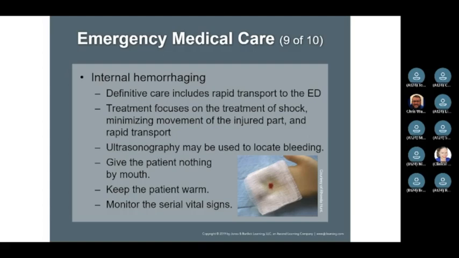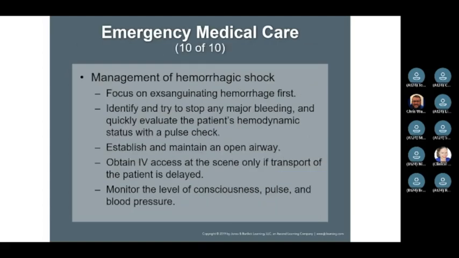Keep the patient warm. Monitor the serial vital signs and watch diligently for developing shock en route. The most important thing you can do for these patients is to keep that patient warm. If they're losing their heat, it's going to be harder for them to bounce back from that trauma, and they're going to have a harder time fighting all the fights that come along with that.